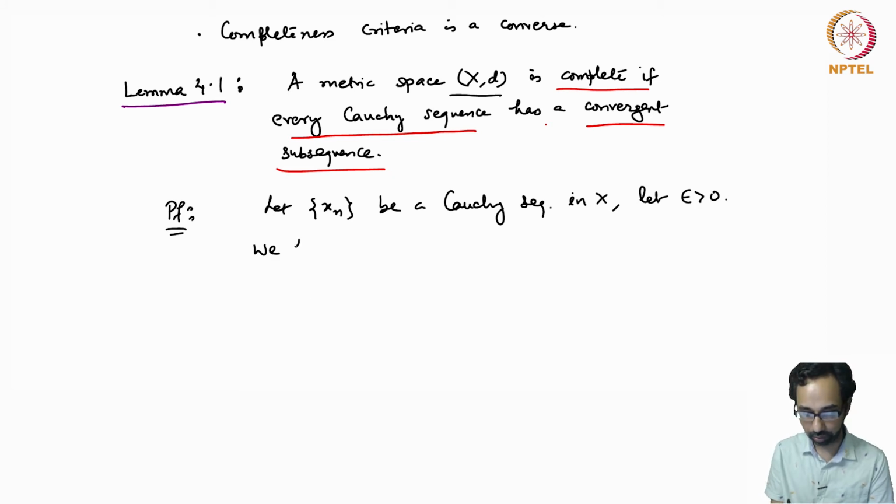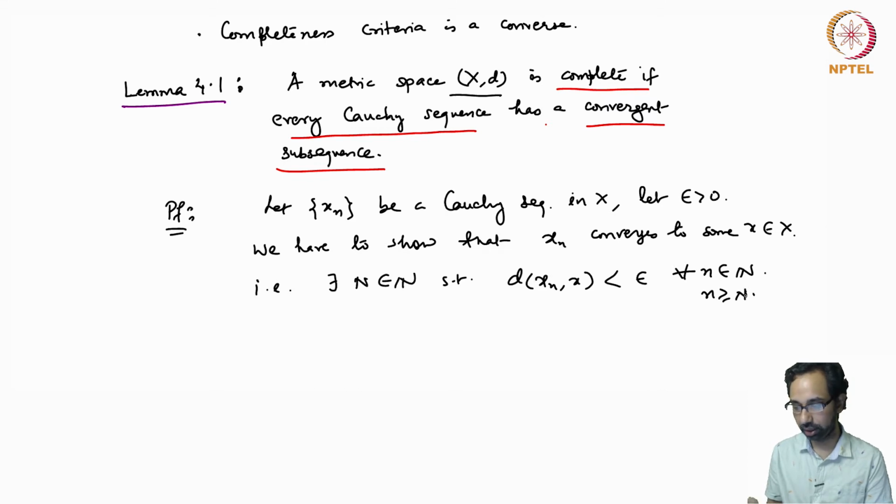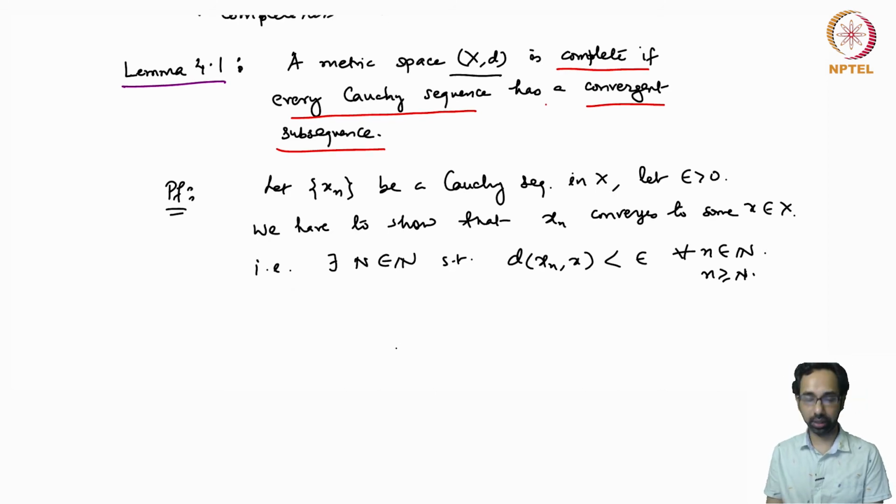So we have to show that x_n converges to some point x in X, which means that there exists a capital N such that the distance between x_n and x is less than epsilon for all n greater than this capital N. So this will show that the Cauchy sequence converges.